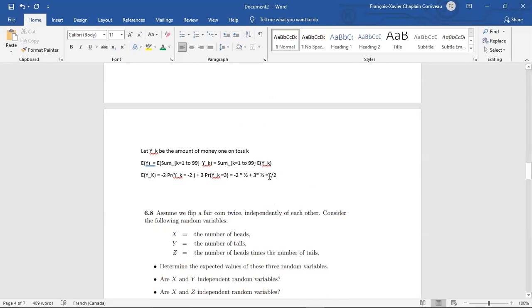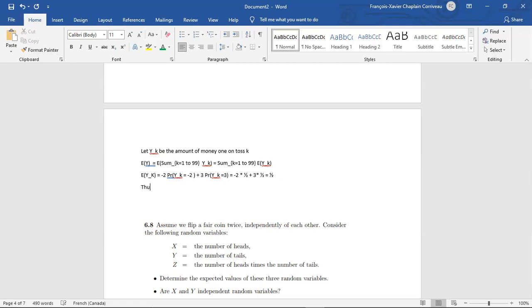Now you just plug this back into your summation, so the expected value of y is equal to the sum of this half, which is just 99 over 2.